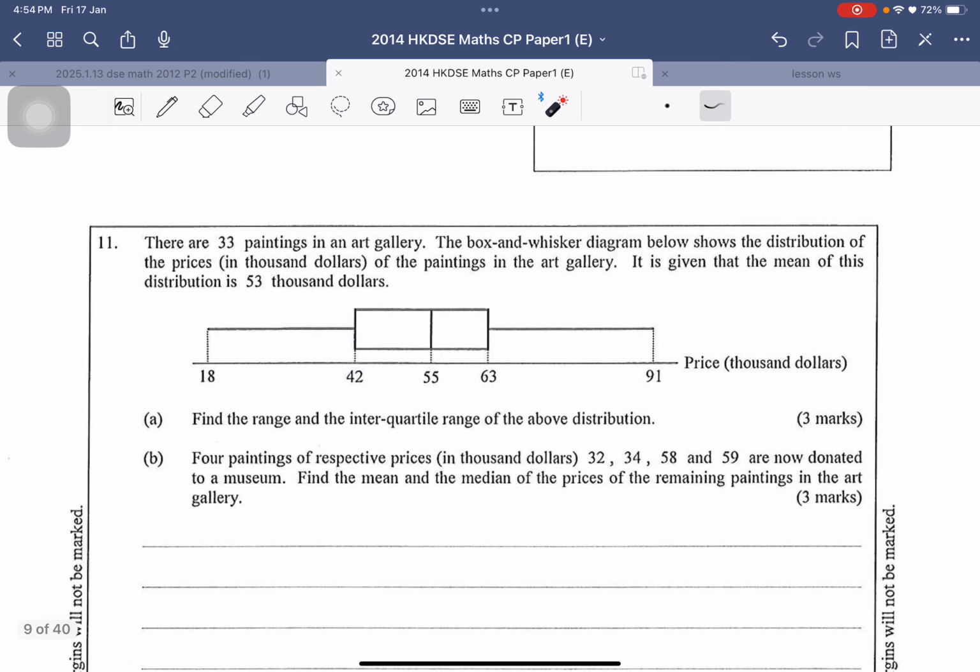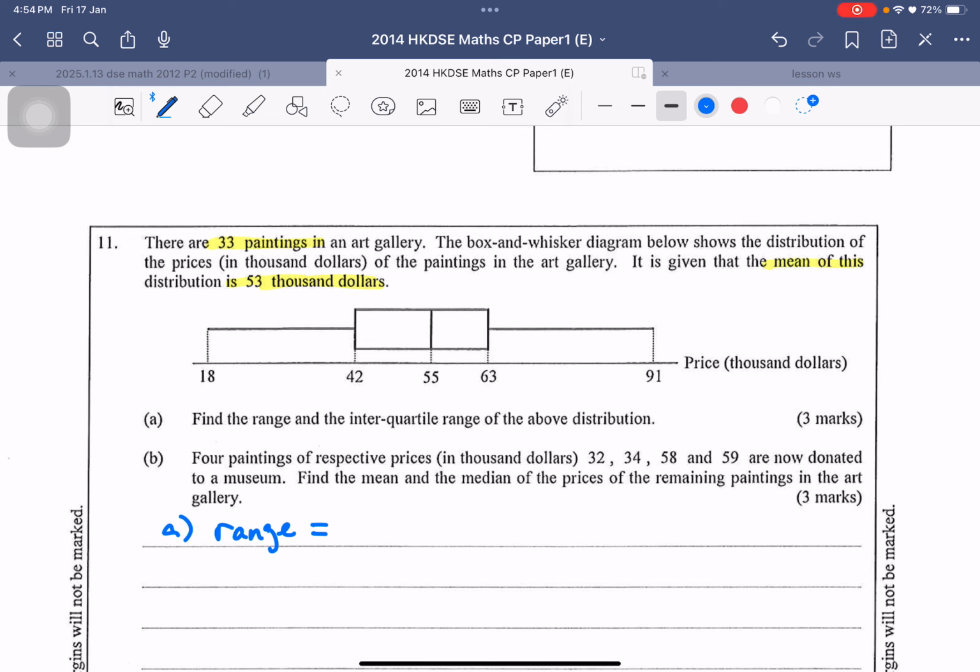Is there any other condition that they give in the question? Anything else? You can just read my question. The mean, yes, highlight the mean. So the mean is equal to $53,000. And we have 33 paintings. So how do you find out the range?